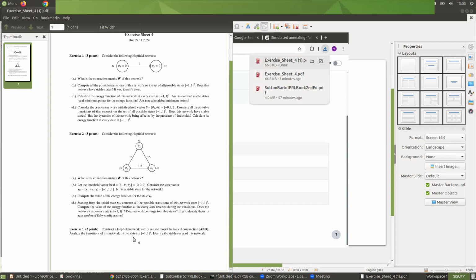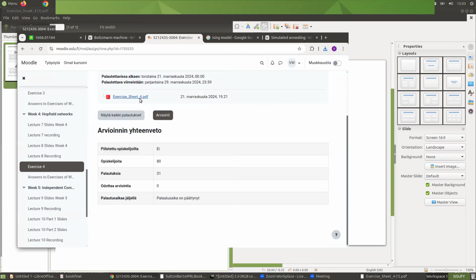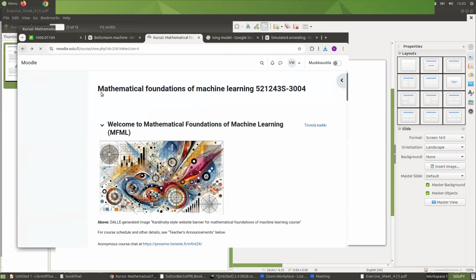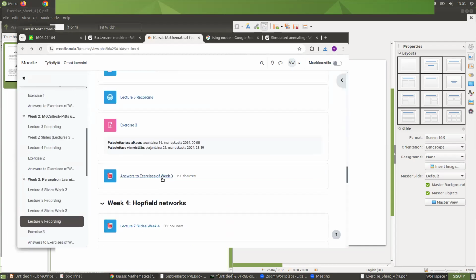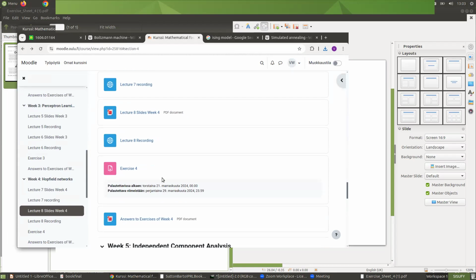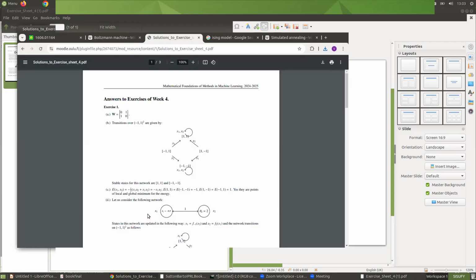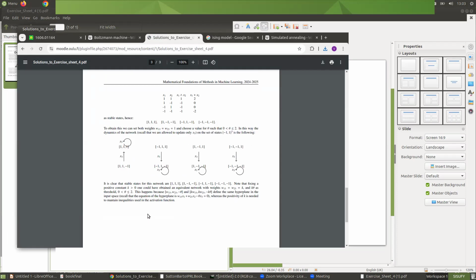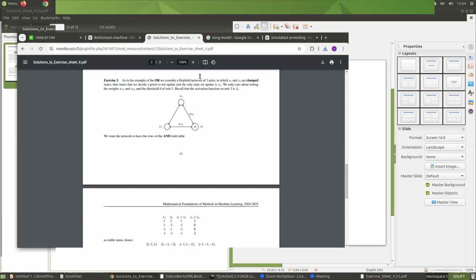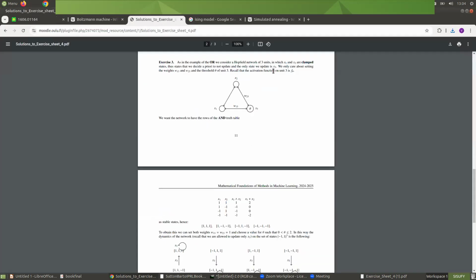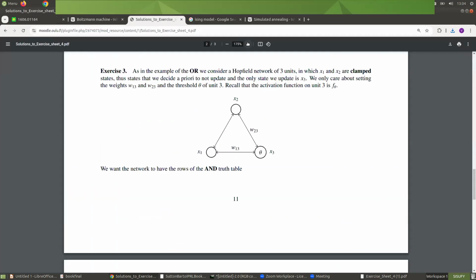It doesn't say here in the exercise, but in the solution, I don't know if Nicoletta spoke about it during the lectures, they are designing a network where these input nodes are clamped, meaning you never change them.